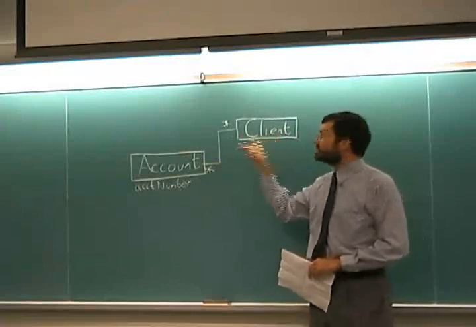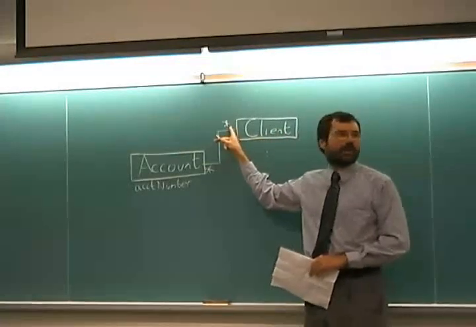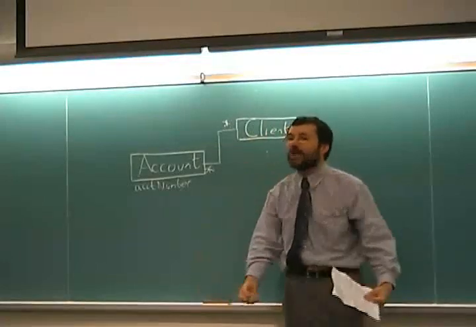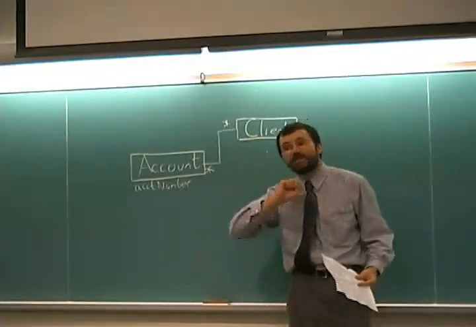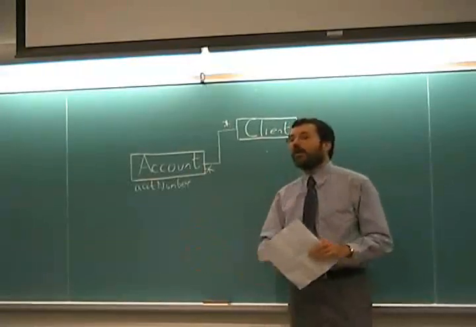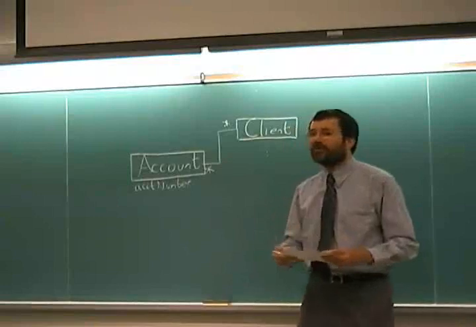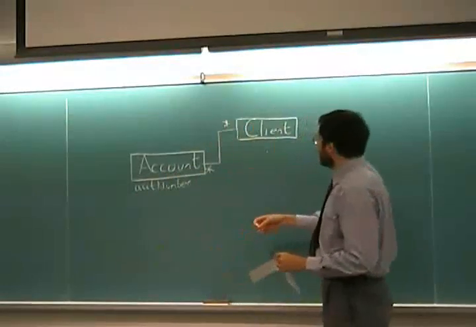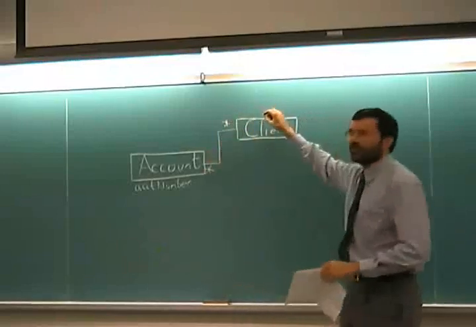How many people think we should allow 0 there? Okay, we want to allow 0 in cases where, for example, when you first set something up, 0 might make sense for a short period of time, a few minutes or a few hours. There could at some point during the lifespan be 0. But it seems to me that having an account with no clients seems a bit odd.